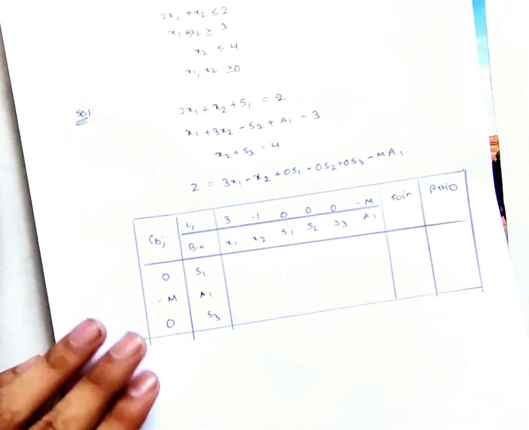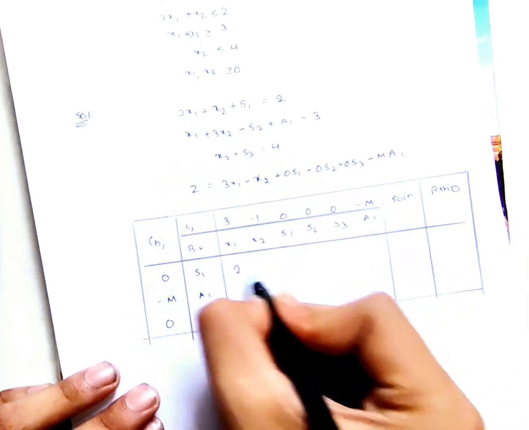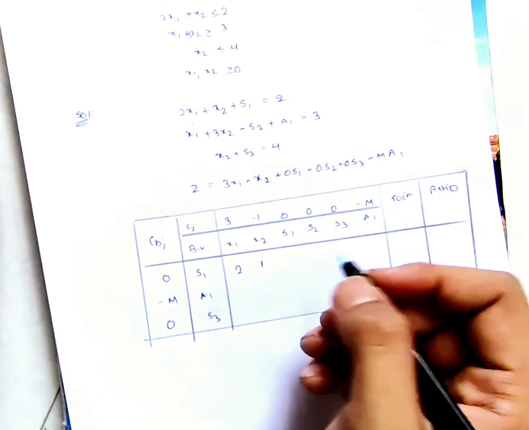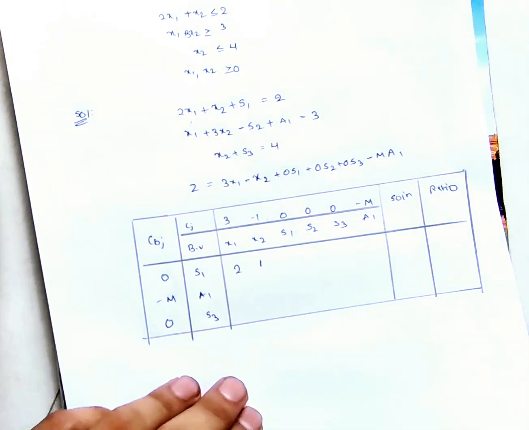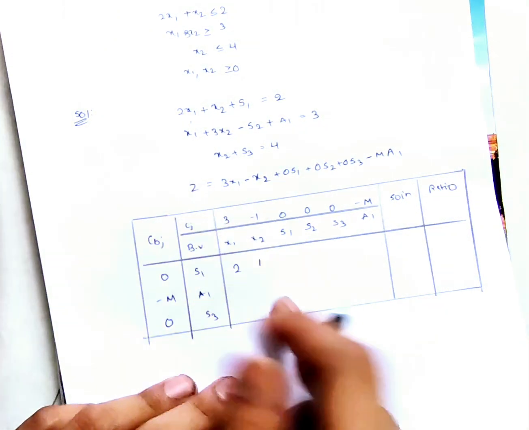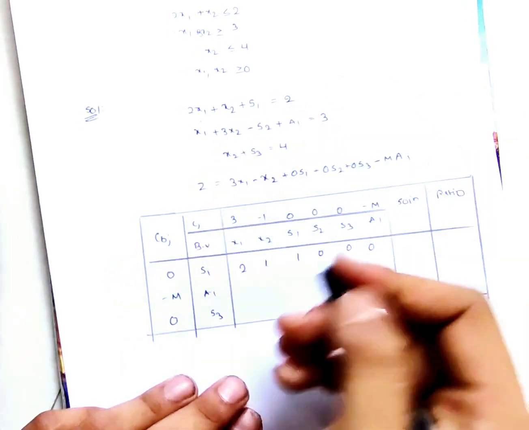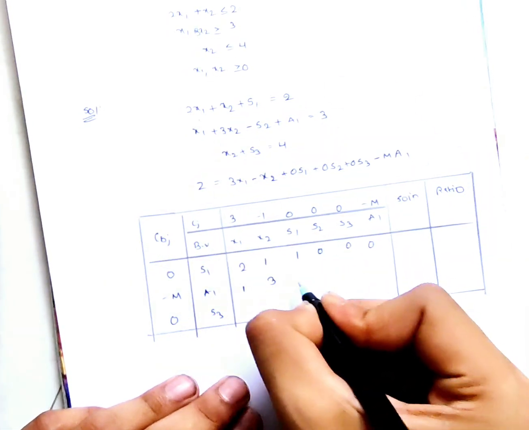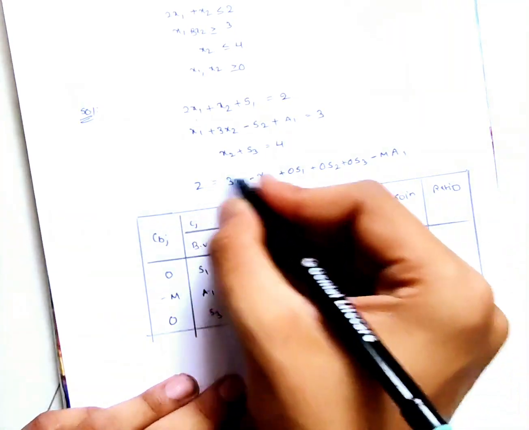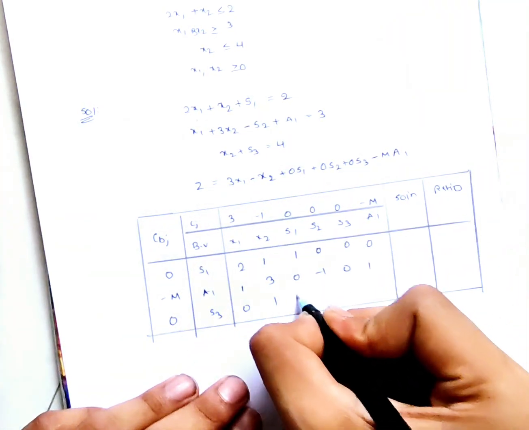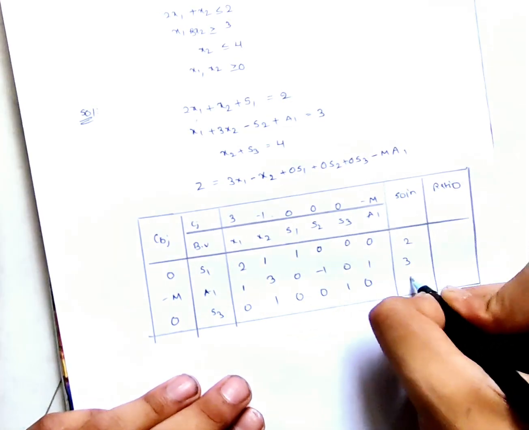And what do we do after that? For the first equation, the coefficients of x1 and x2 are 2, 1. Just like in the simplex method and two-phase simplex method, we fill in the values the same way: 2, 1, 1, 0, 0, 0; then 1, 3, 0, minus 1, 0, 1; then 0, 1, 0, 0, 1, 0; with right-hand sides 2, 3, 4.